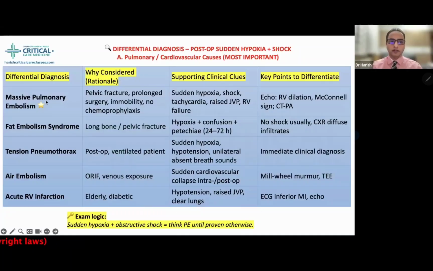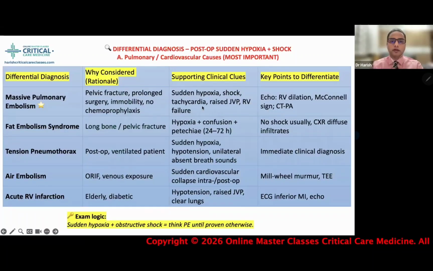So first differential diagnosis, massive pulmonary embolism. Remember in your exam, when you give a differential diagnosis in hierarchy, you should give a rationale for that. Very, very important. Why you consider it: background of pelvic fracture, prolonged surgery, immobility, no chemoprophylaxis because of the bleeding risk. Presented with sudden hypoxia, shock, tachycardia.